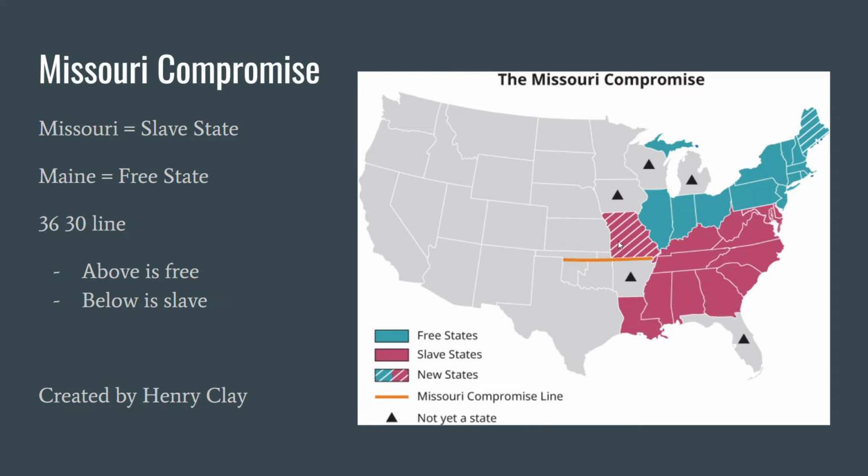And it just so happens that some guy, James Talmadge, I believe, you don't need to know that, suggests in Congress that they make Missouri a free state, because it's on the other side of the Mississippi River. Remember, the Mississippi River's right here. And that would be a good limit to where slavery can extend.